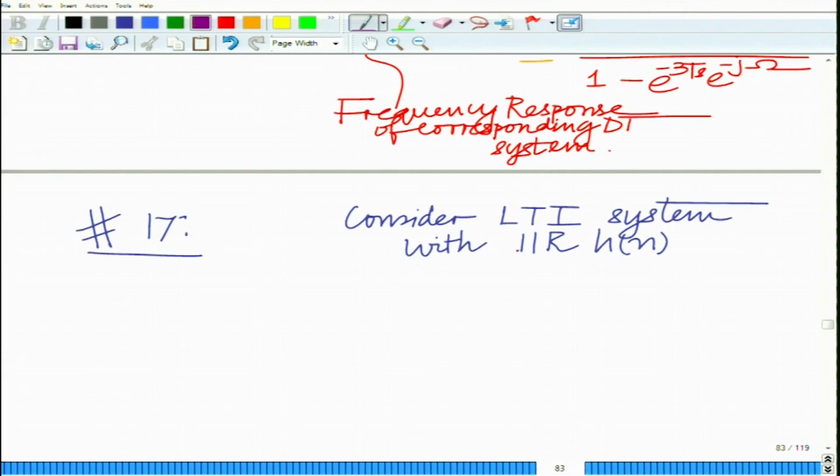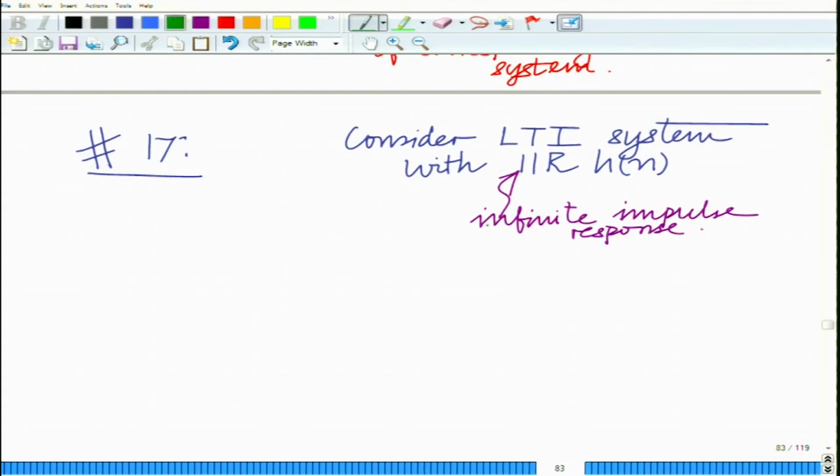Okay, so this is an infinite impulse response, which means h(n) is non-zero from minus infinity to infinity, it is infinite. So, it is non-zero over an infinite duration. This is your IIR. Now, what we want to do is find a finite impulse response, FIR, approximation.